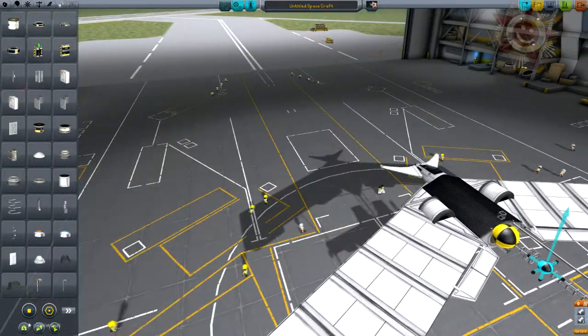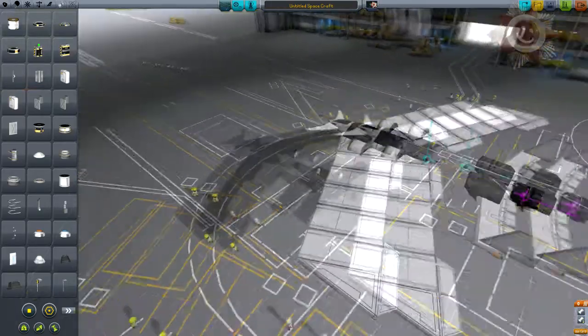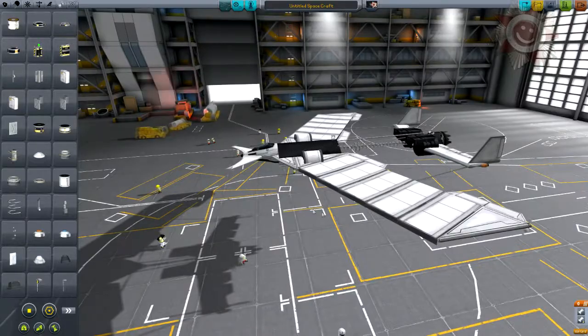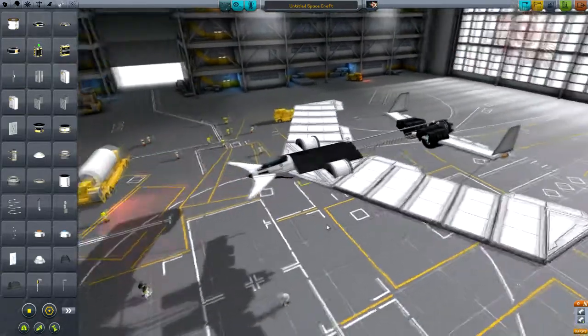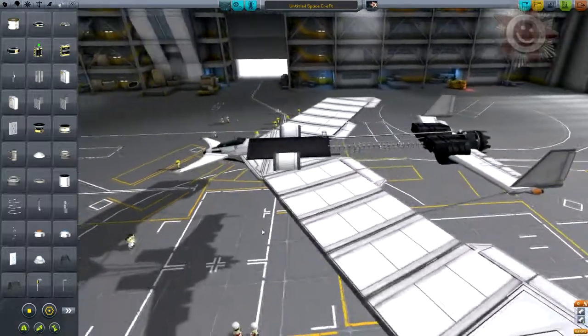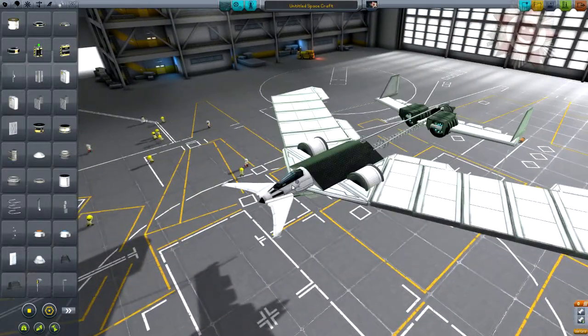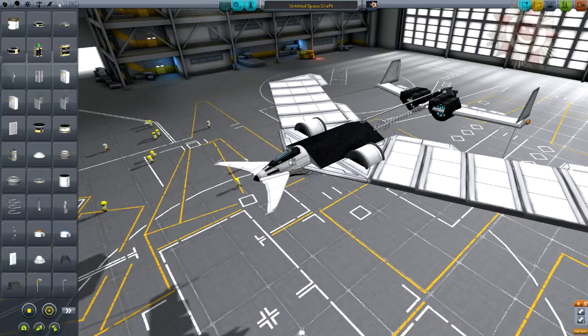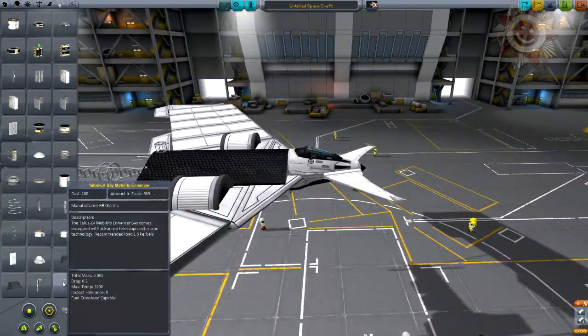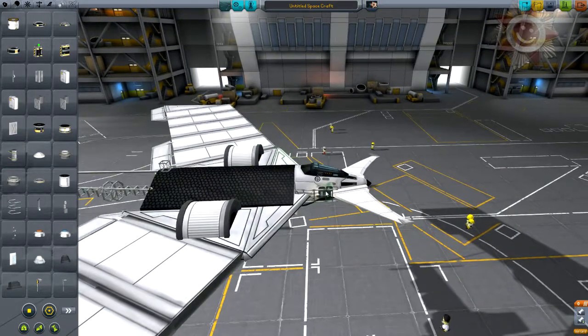It's right there. And then this plane is ready to fly, except for one thing. It needs a landing gear. Oh, and it needs a ladder for our pilot to climb out of the plane.